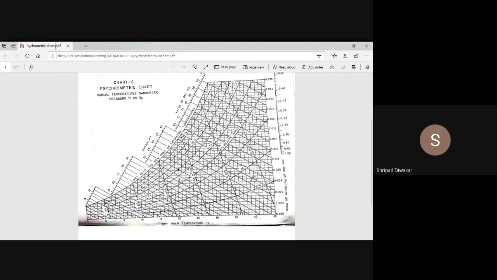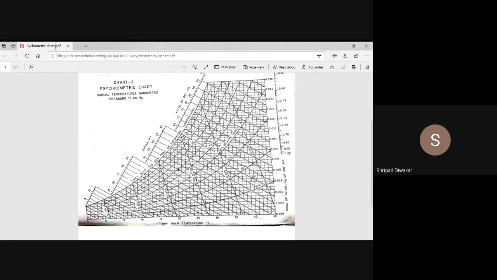There is no marking for 10 degrees Celsius WBT, so take the 10 at the bottom and move up till it cuts the saturation curve.